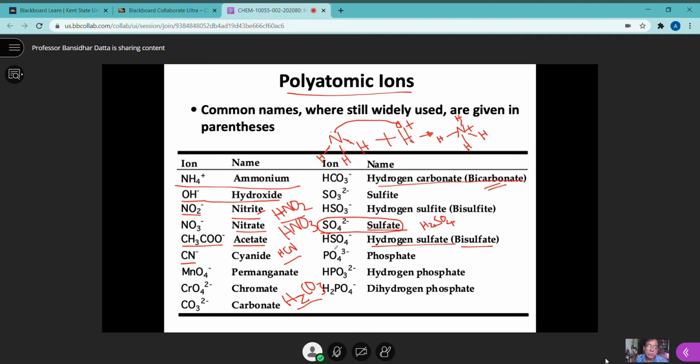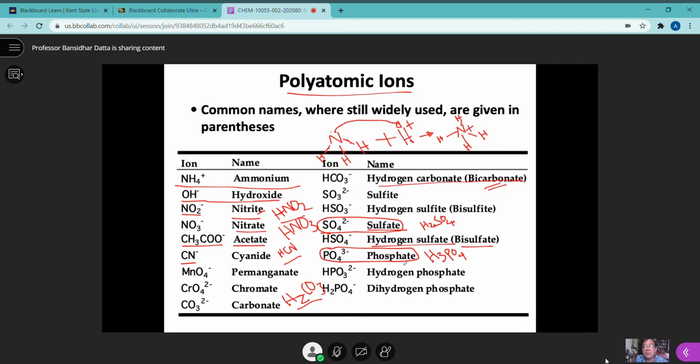Likewise, you must know phosphate, PO4 3 minus, and it came from this acid, H3PO4, phosphoric acid. Once you remove 3 protons, you get PO4 3 minus, called phosphate.